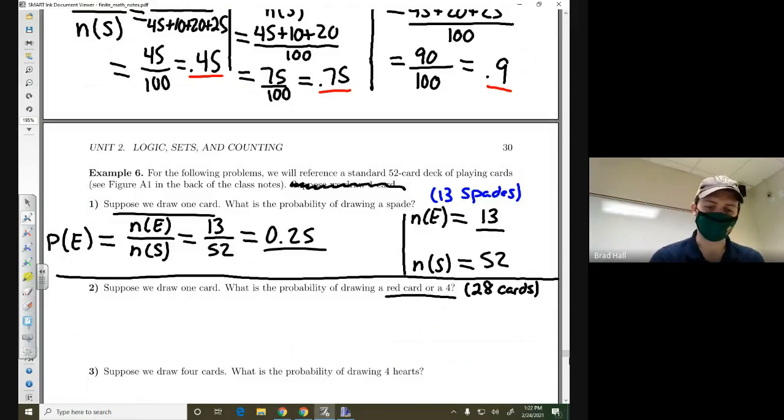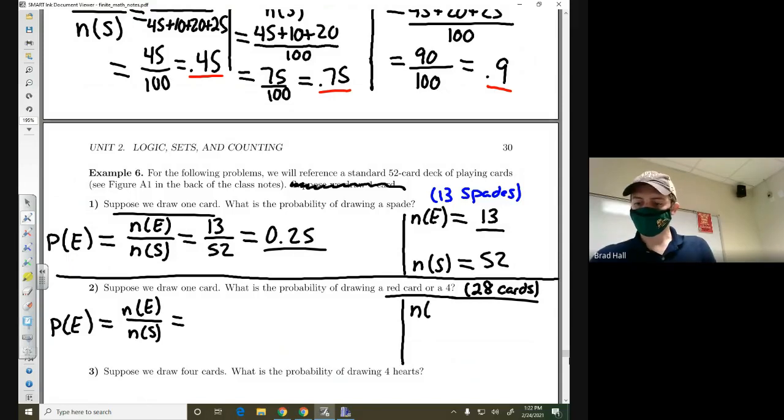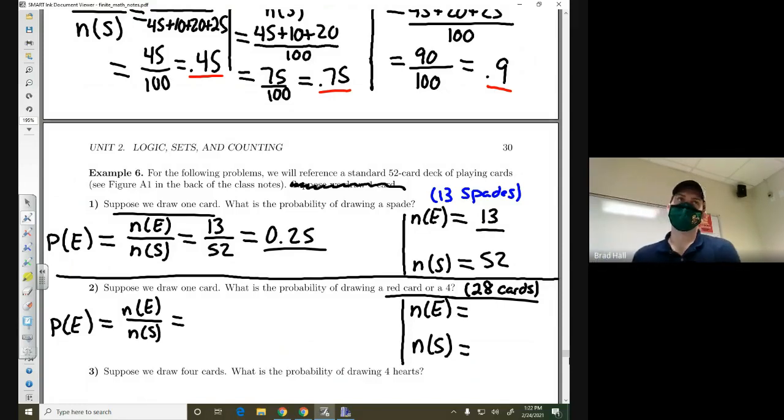Instead, what we care about is the formal jargon. The probability is equal to this. And now we need to figure out the number of cards in the event, the number of possible options for the event, and the total number of options. So the event in words is, what is that again?